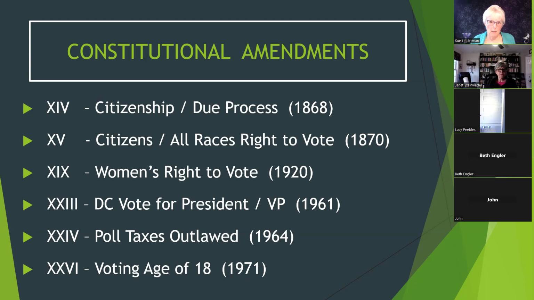The 15th Amendment in 1870 said that the right to vote shall not be denied or abridged by the United States or by any state on account of race, color, or previous condition of servitude. That amendment was enacted because the 14th Amendment was not being followed by the states.